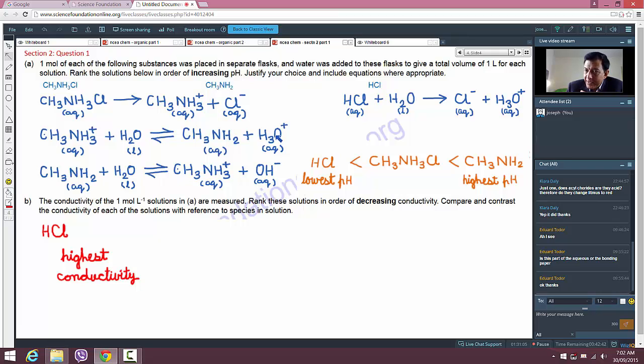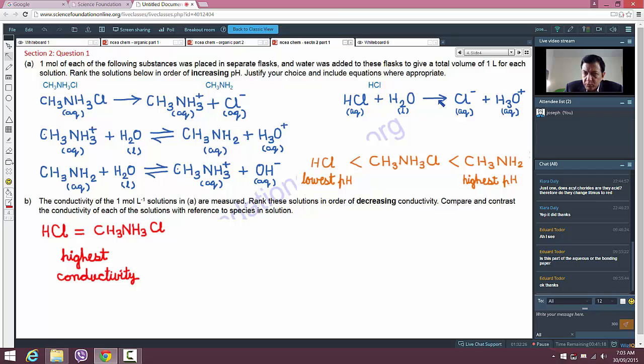For each ion that reacts here, it produces one there. So the total number of ions in this solution will be the same as that in the HCl solution. So the highest electrical conductivity is the same for both, because the total number of ions in each instance is the same. They're equally highest. And understand clearly why.